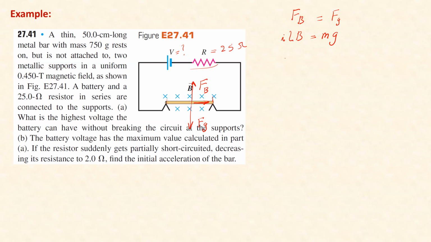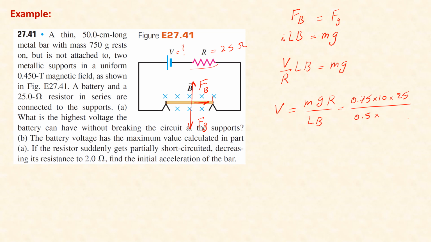And I is V over R. So V over R, the resistance, times LB is equal to mg. So V will be mgR over LB. M is 0.75 times, let's say 10, times 25, divided by L, which was 50 centimeter, times B, which was 0.45.